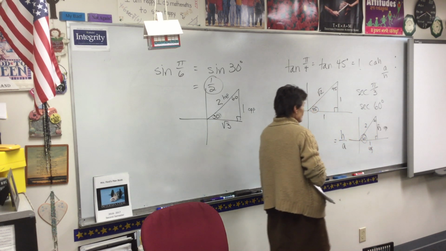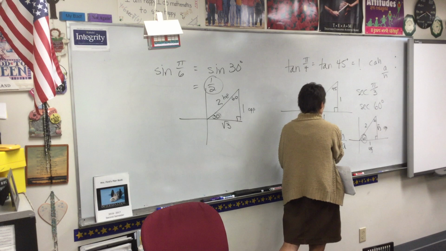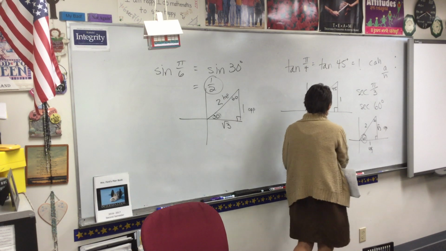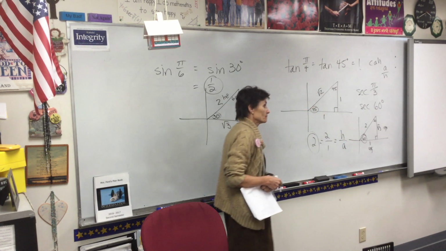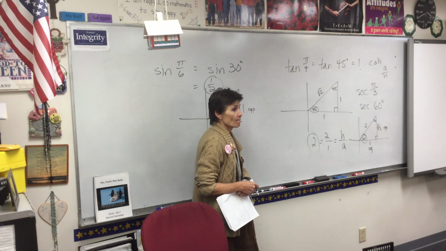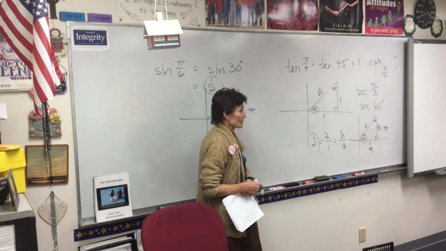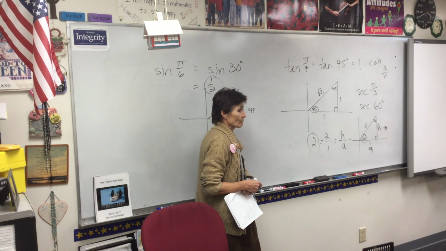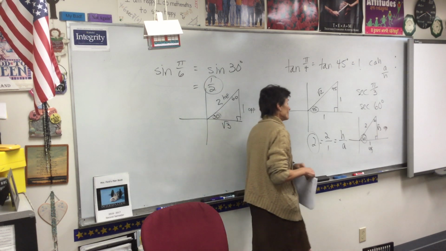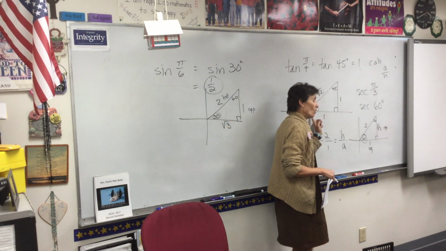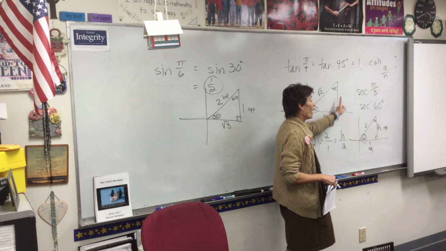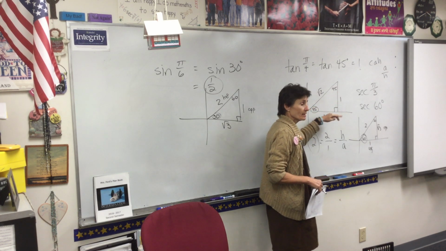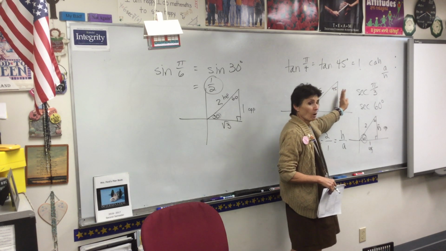So hypotenuse over adjacent will be 2 over 1. When you do these problems, guys, x is always going to be adjacent, y is always going to be opposite. X is adjacent, y is opposite.